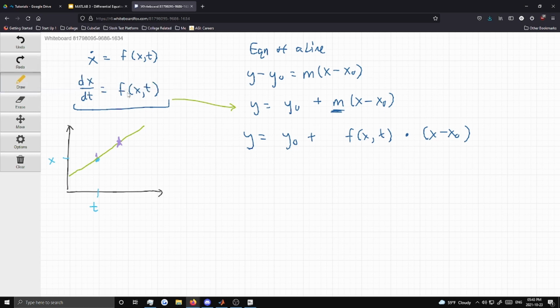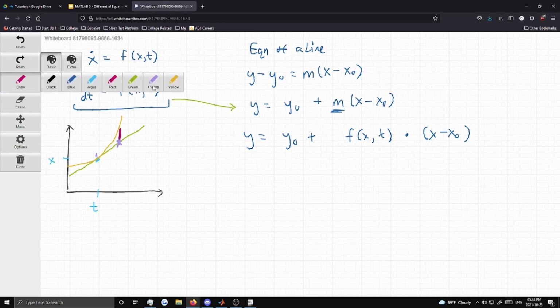Now, obviously, assuming that f is a continuous and smooth function, maybe it doesn't follow exactly a linear path. Maybe it does something like this. In which case we have a little bit of error that's happening. But for our purposes, we can assume that this error is negligible or it's within whatever tolerance we set.